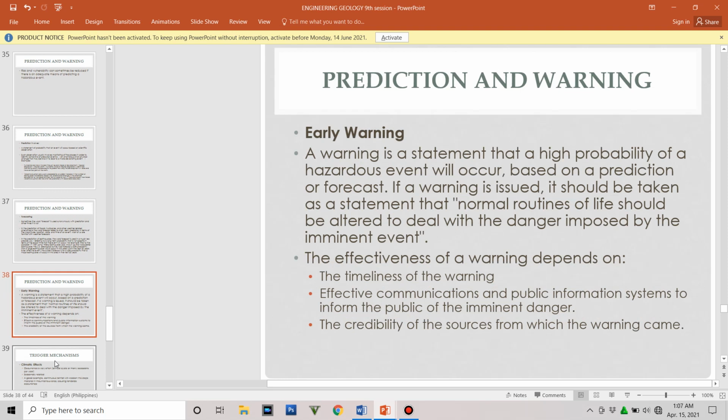Importante pa rin yung signals. Okay. So the credibility of the sources from which the warning came. So hindi naman maganda kung warning tayo ng warning and then false alarm pala. Okay. That is why the forecast or the early warning should be credible.